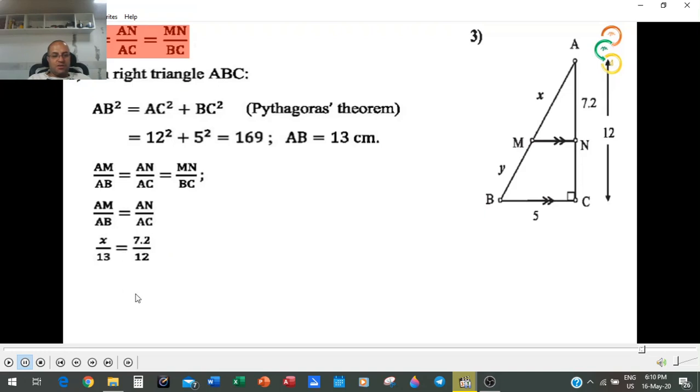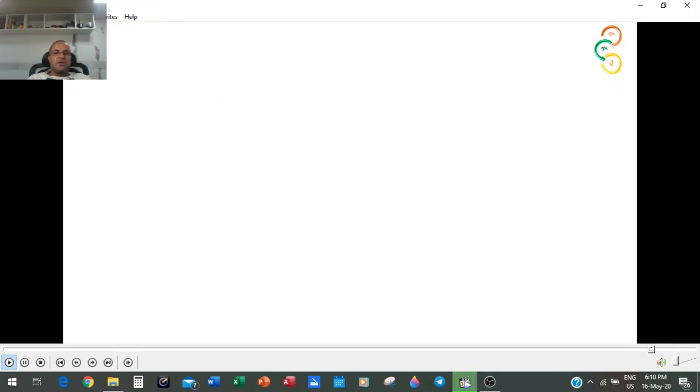By cross multiplication we can find the value of X equals 13 times 7.2 over 12, and X equals 7.8.